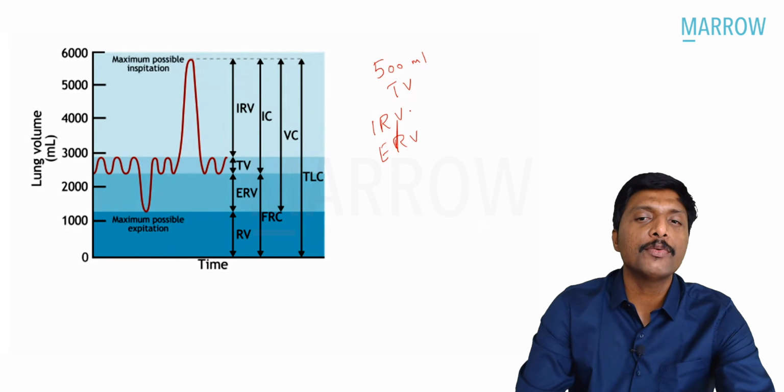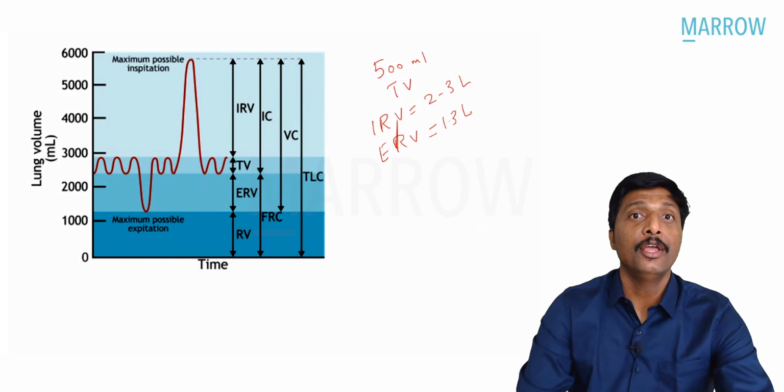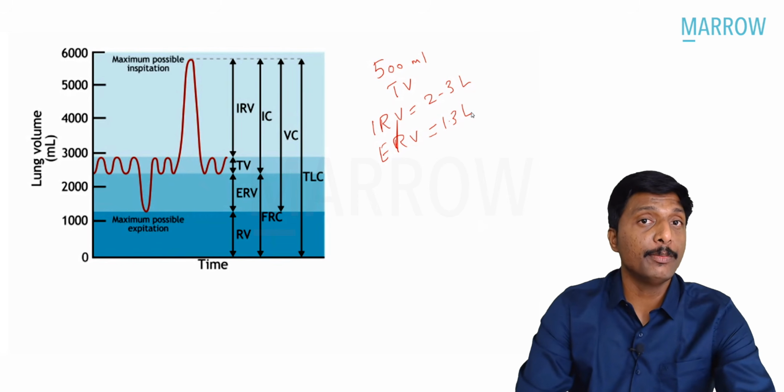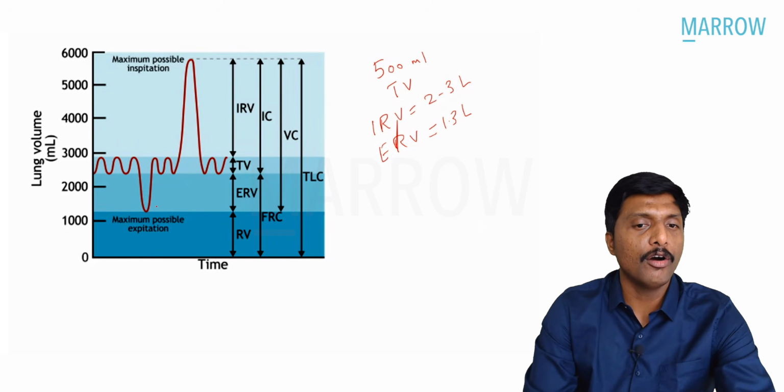The inspiratory reserve volume is usually around 2 to 3 liters. The expiratory reserve volume is usually around 1.3 liters. We are doing maximum possible inspiration and expiration. Remember, this is the point of maximum possible expiration. Even at the end of maximal expiration, still some volume of air is left. You cannot throw that air out. It remains as a residue inside our lung.